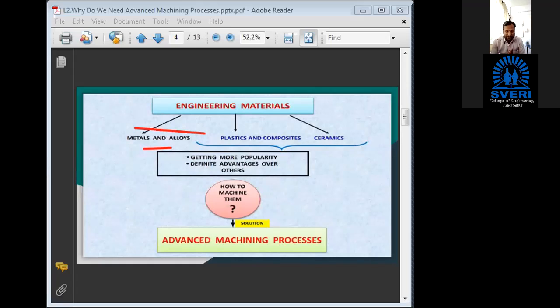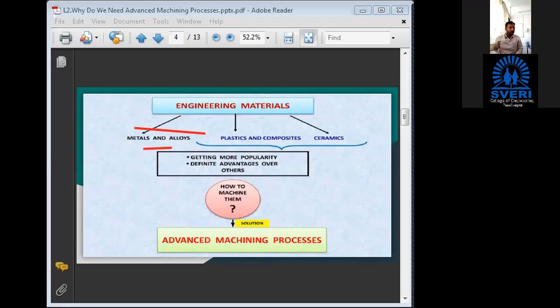This question arose, and this was one of the reasons that researchers in the field of manufacturing or machining started thinking to evolve, to develop, to invent new types of machining processes where the work's hardness is not a barrier for machining.